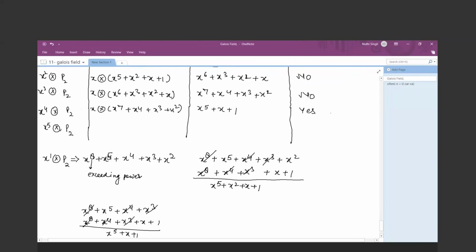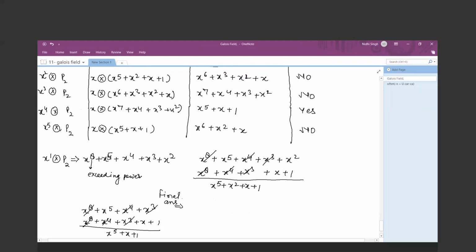There was reduction, yes. Now the last will be x to the power 5 plus x plus 1 multiply x6, x square plus x. So is there a need of reduction? No.